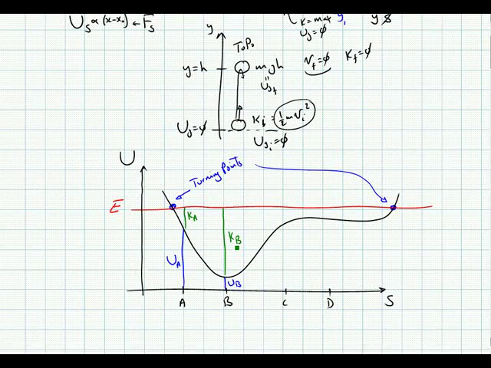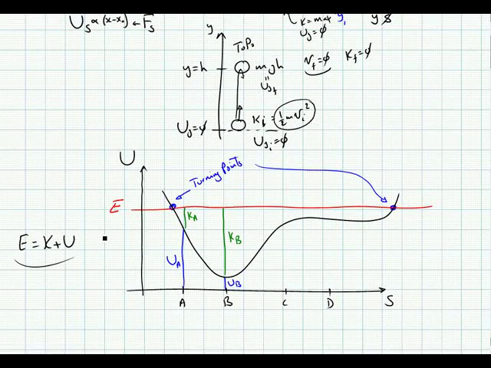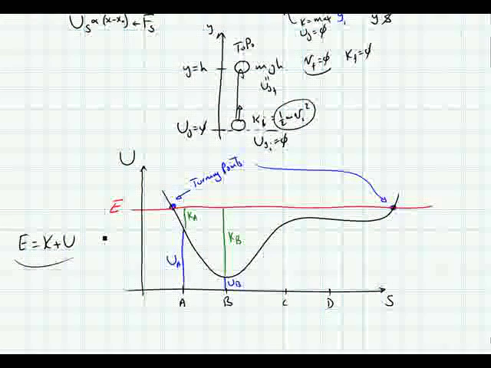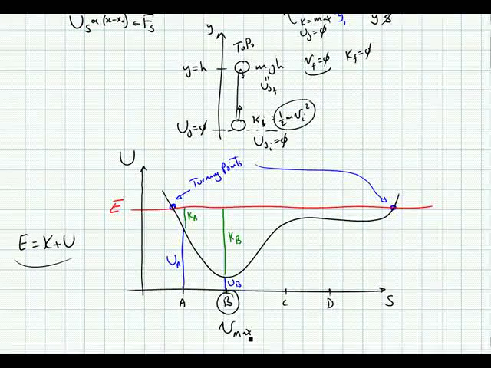So notice that at the minimum point for potential energy, we have maximum kinetic energy. That makes perfect sense, since total energy E is equal to kinetic energy plus potential energy. So if potential energy is minimum, that means kinetic energy is maximum. So you know that at position B, the object has maximum velocity.